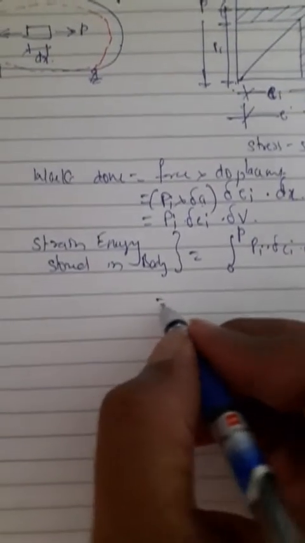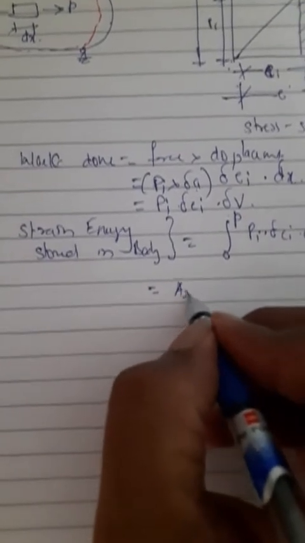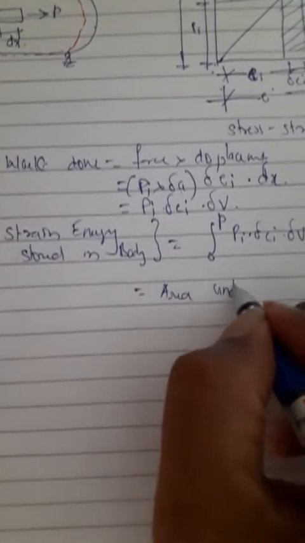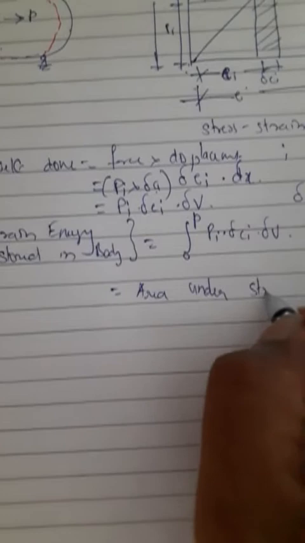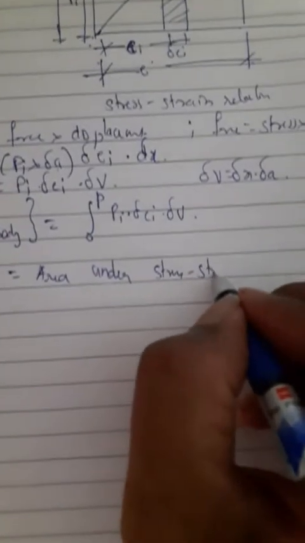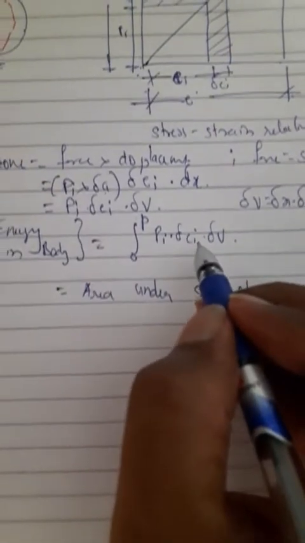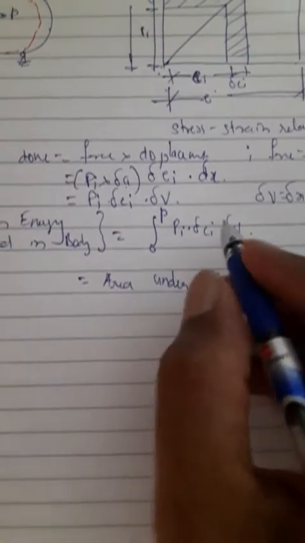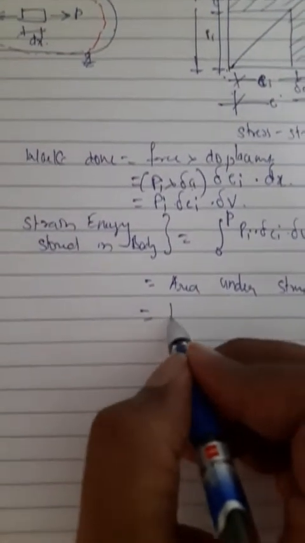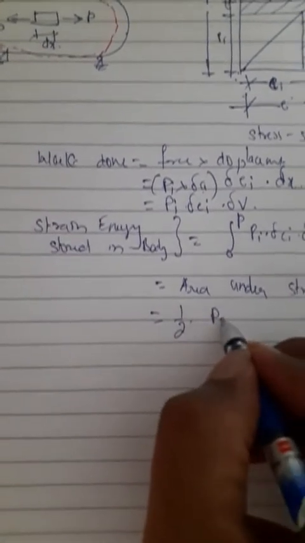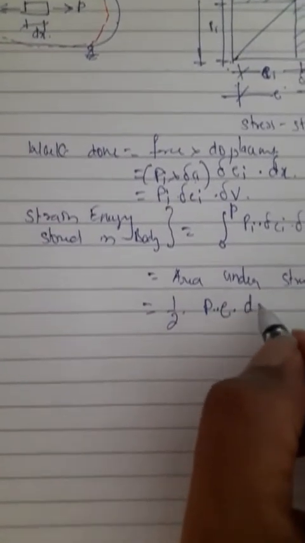This is nothing but the area under the stress strain curve. This area gives me the total strain energy stored in the body. So I can write half P into E into delta V.